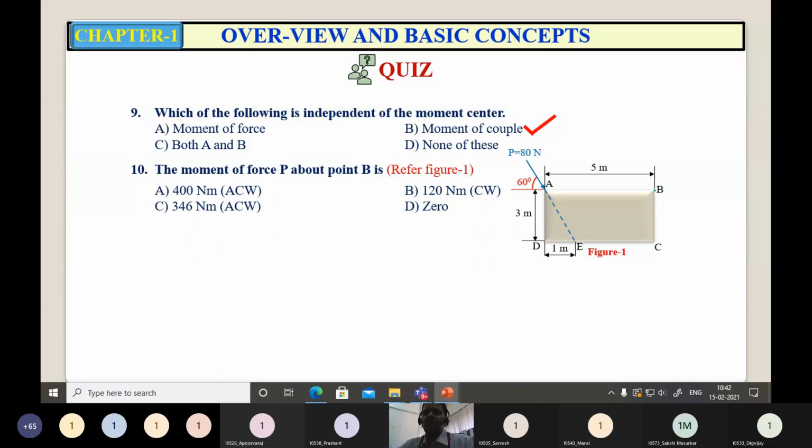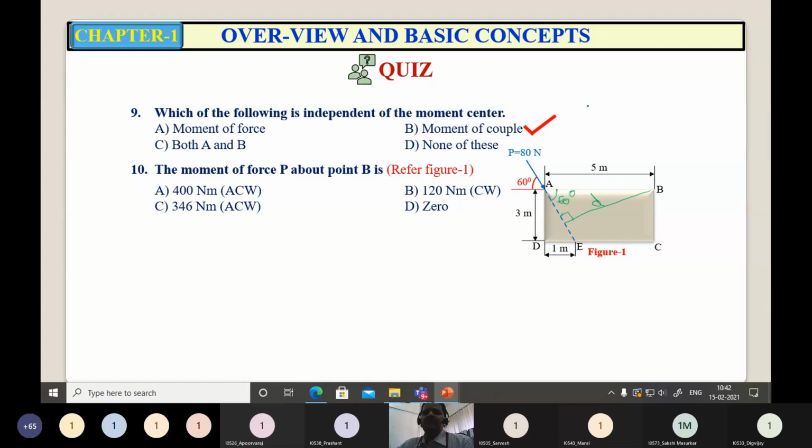We are taking moment about point B, and this is the line of action of the force. So simply draw the perpendicular from the line of action of the force. Say that is D. Now this 80 Newton force is making 60 degrees with respect to horizontal.